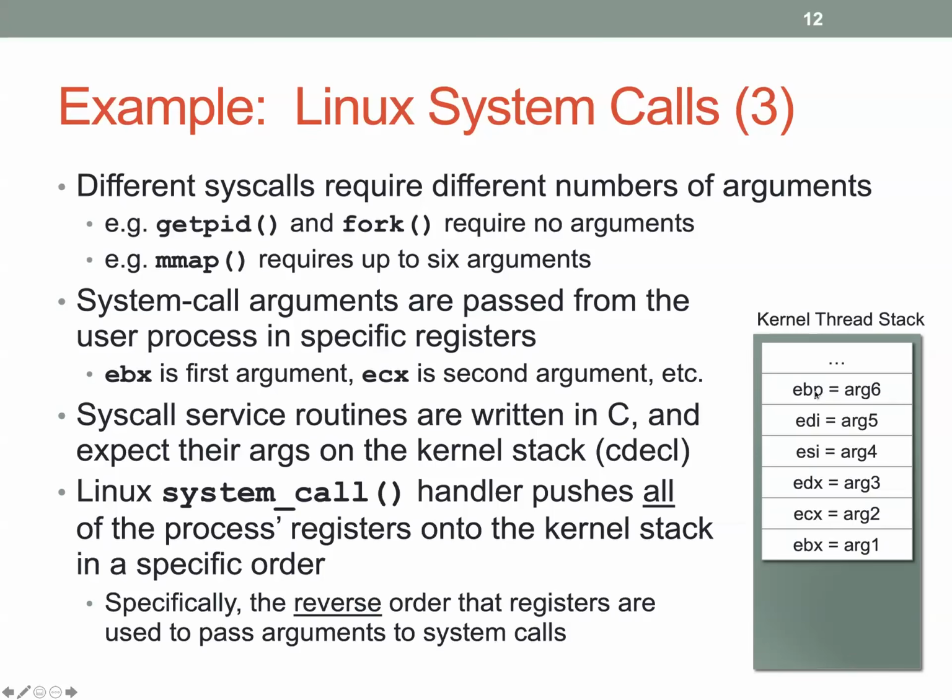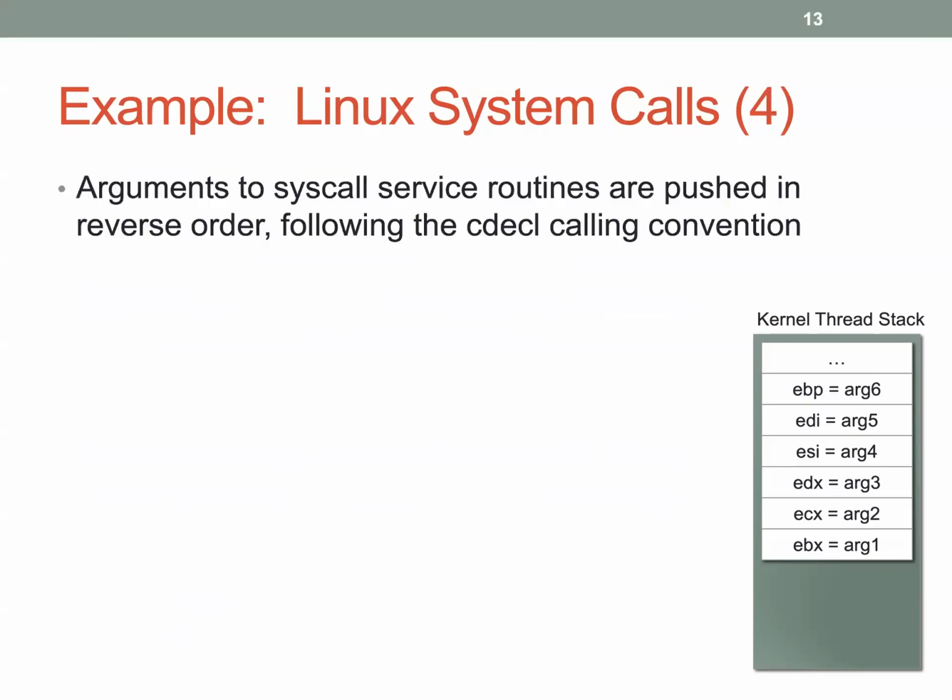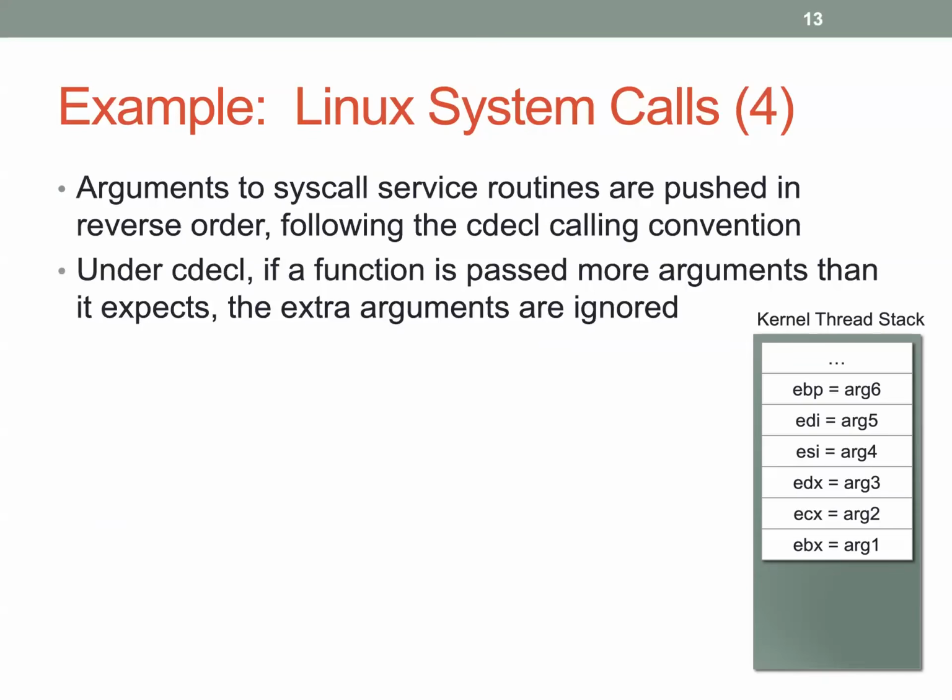And so you push arg6 first, that's the highest address, arg5 is at the second highest address, arg4 is at the third address, and all the way down to arg1, which is at the lowest address, but it's also the top of the stack because IA32 is confusing. Okay? Now, it turns out that this works really well with the cdecl calling convention. That's exactly what cdecl specifies. So they're pushed in reverse order.